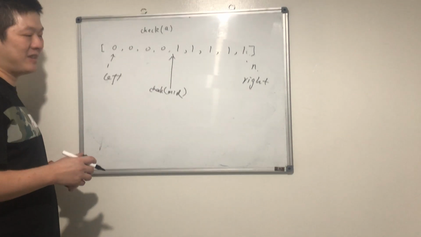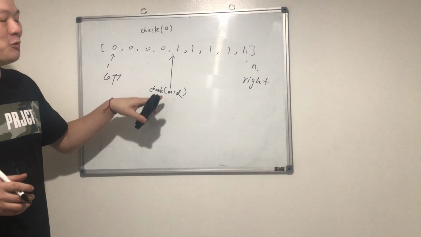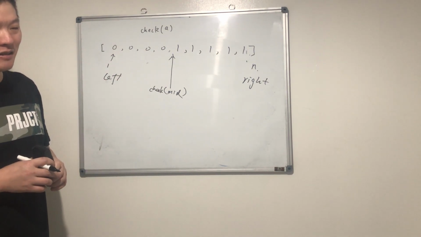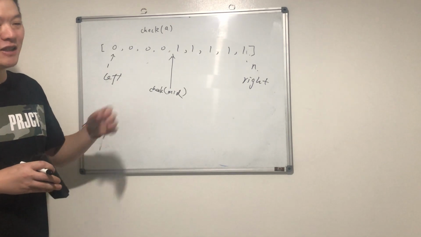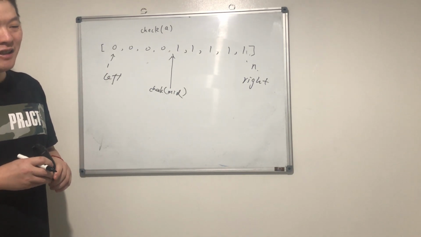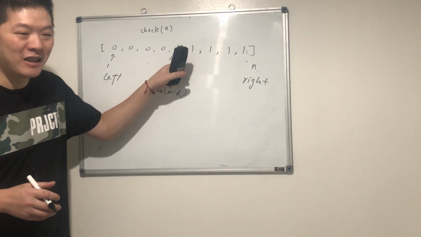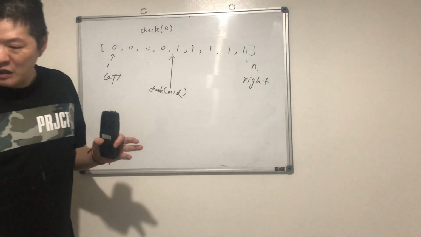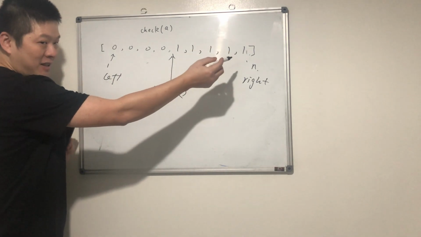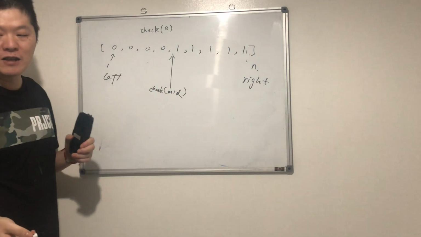So if check middle is 1, where's the answer? Left, because we are not sure if it's the first one, and all the others will be ones.